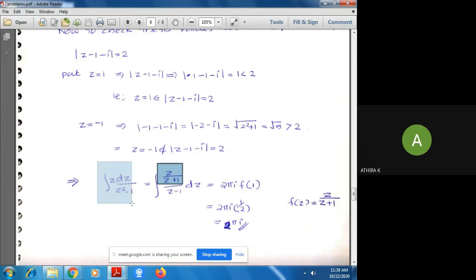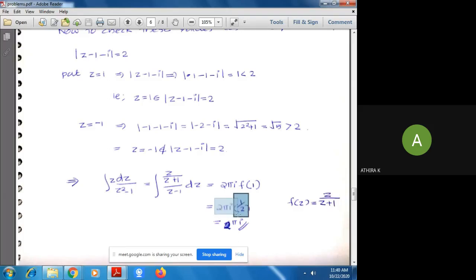That is, the integral of z dz divided by z square minus 1 is equal to the integral of z divided by z plus 1, divided by z minus 1, dz. Here f of z is equal to z divided by z plus 1. So substitute z is equal to 1, we get 2 pi i into f of 1, that is 1 divided by 1 plus 1, so f of 1 is equal to 1 by 2.